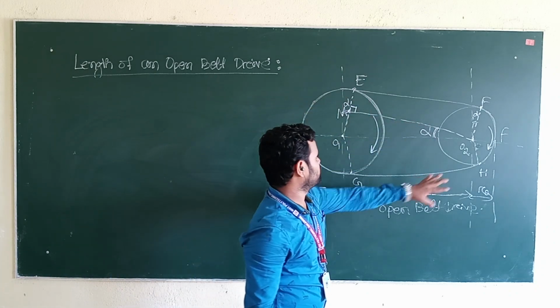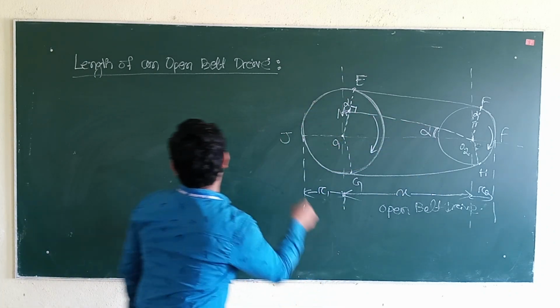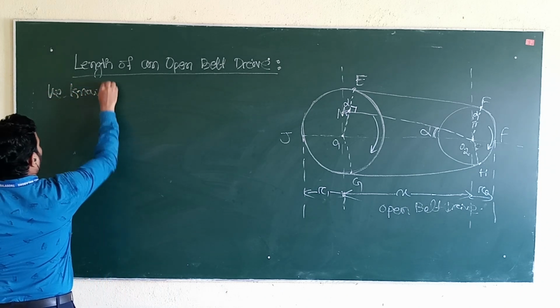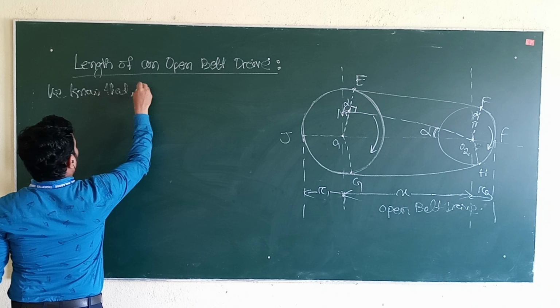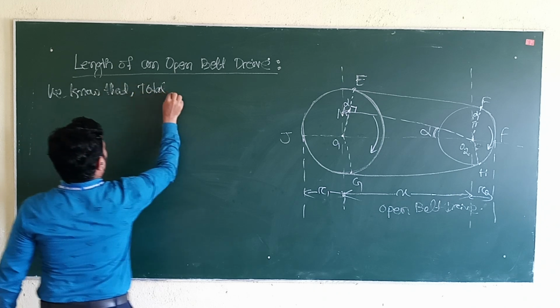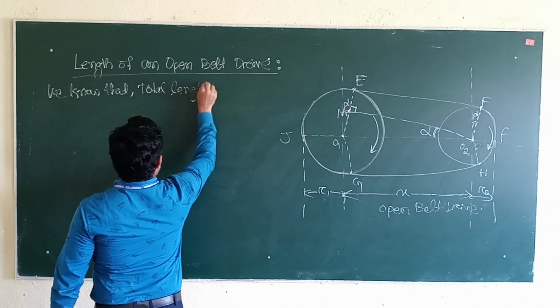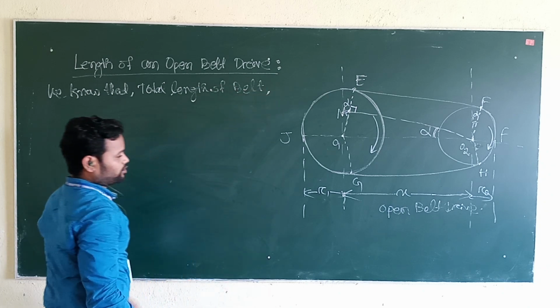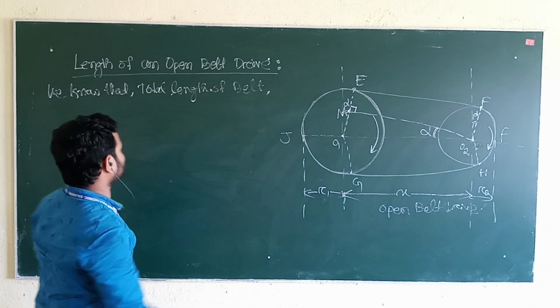From this figure, let me tell you what the total length of the belt, capital L, is. See G, J, E. It is an arc. So the arc GJE plus EF plus another arc FKH plus GH is the total length of the belt.